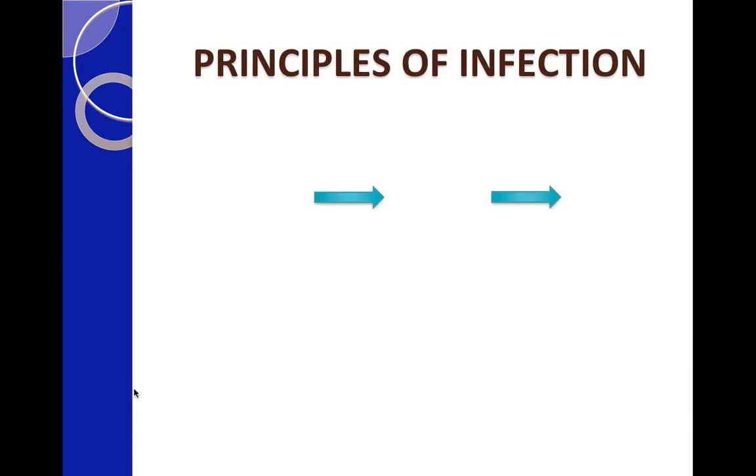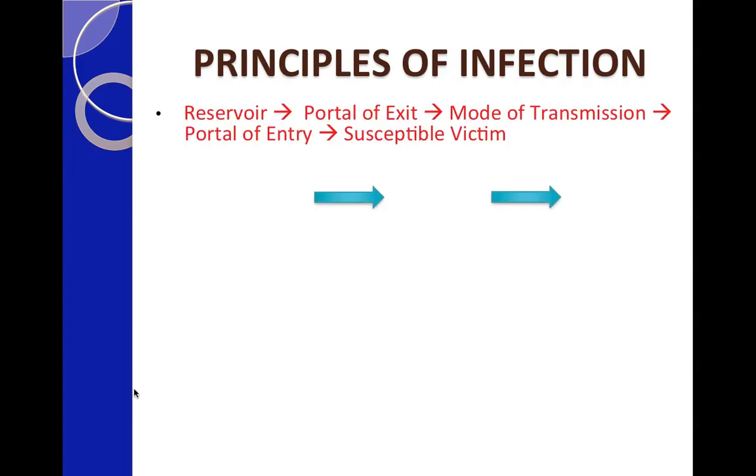I do want to take a bit of time to go through the whole principle of infection and how infection actually happens. So you usually start with a reservoir of some kind, where the infectious agent is present, how it leaves that environment or that location, which we call the portal of exit, how it's transmitted, which I'll talk about in a second, how it actually gains entry to a potential host or a susceptible victim, and then it carries out its function.